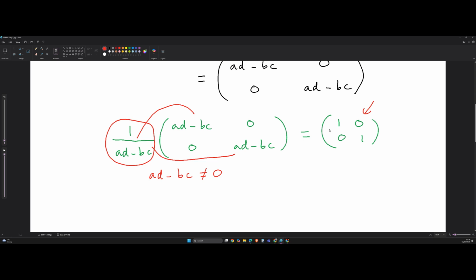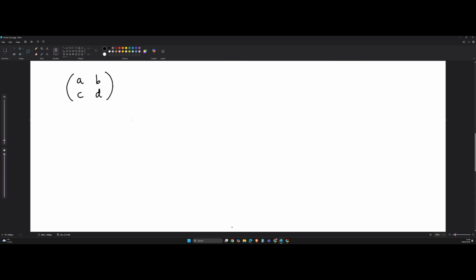Okay, so with that in mind, I'm going to show you the inverse of a 2 by 2 matrix and exactly what it looks like. Because of our previous workings, the inverse of the 2 by 2 matrix [a b; c d] would be 1 over ad minus bc multiplied by d, minus b, minus c, a.